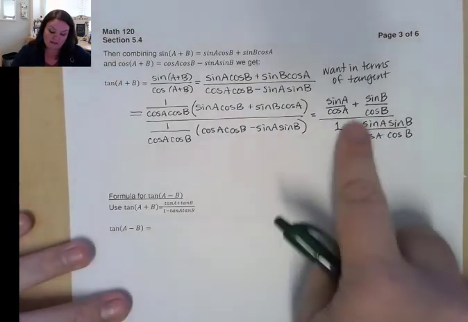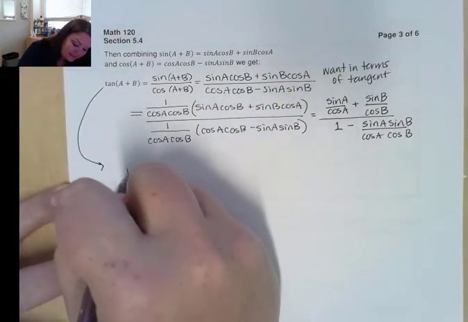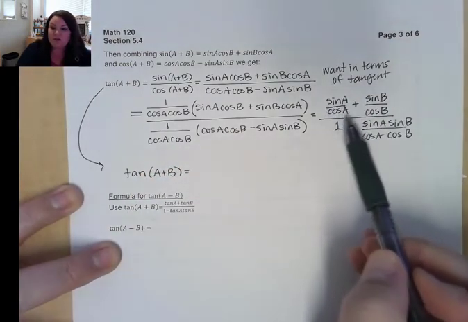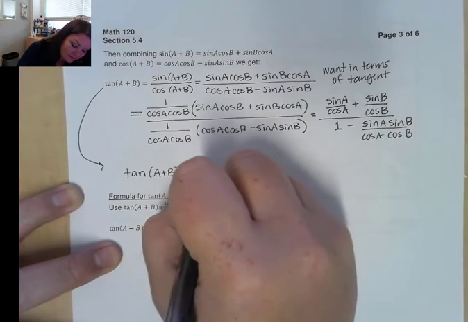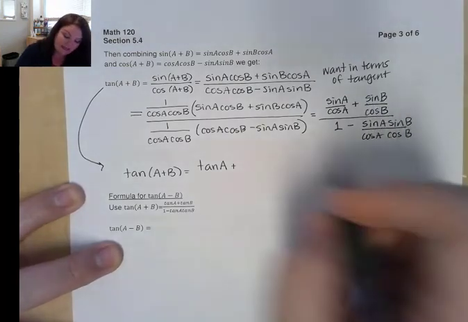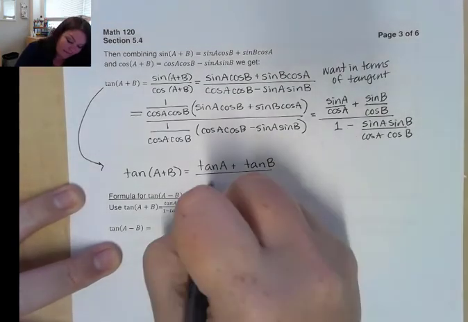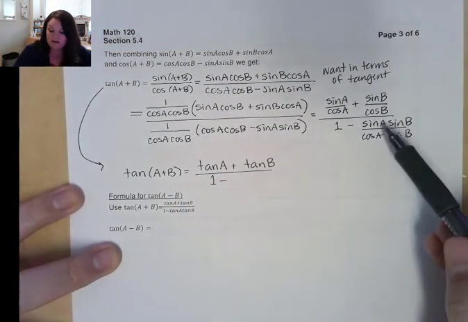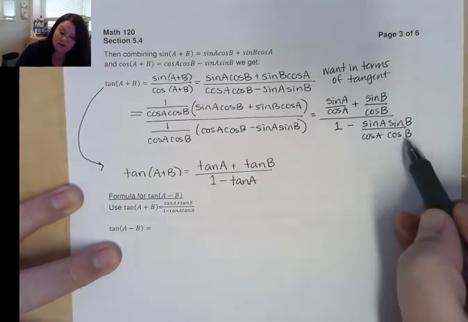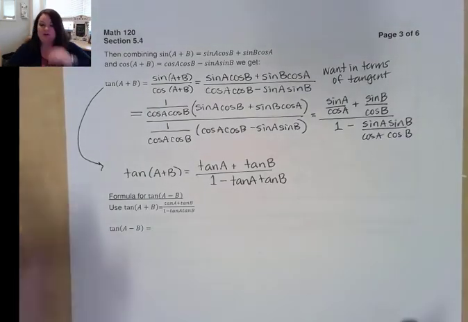So I'm going to go ahead and write this how it looks now. So what we ended up with here is that tangent of A plus B is equal to, this first term on top becomes just tangent A, plus my second term on top, sine over cosine, that's going to give me tangent B. All over, I ended up with a 1 minus, now here, sine A over cosine A is tangent A, and sine B over cosine B is tangent B. So even though they're not separated, I can still write it in terms of tangent.